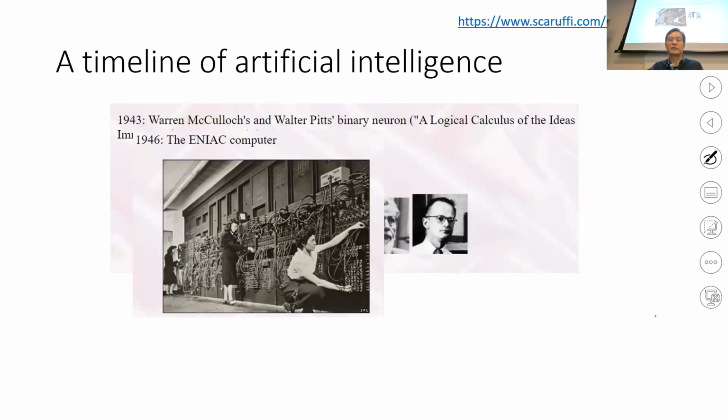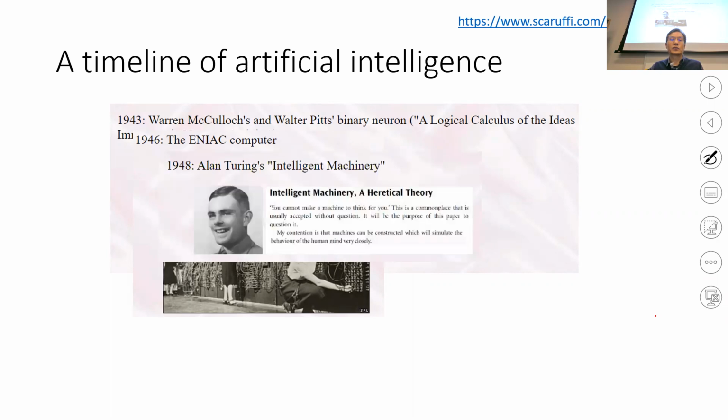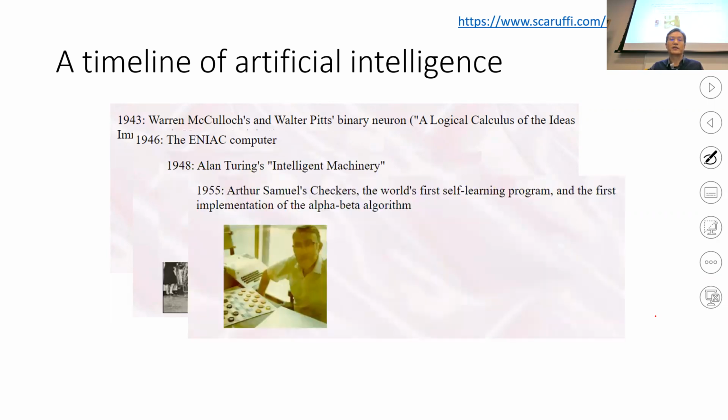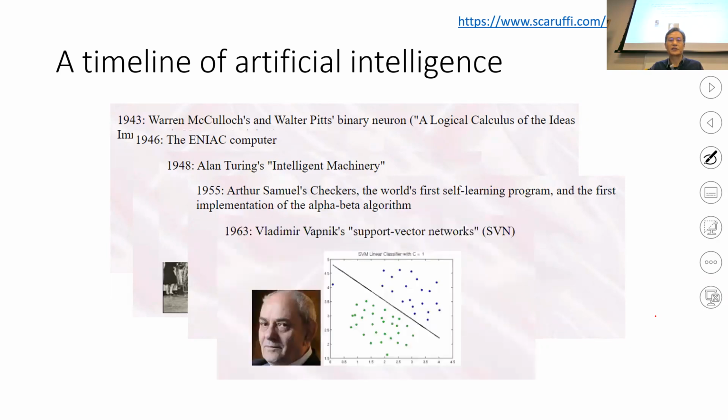Then Turing talked about intelligent machinery, and in 1955 we had the first algorithm which could play checkers. SVM is also called support vector networks, proposed in 1963.